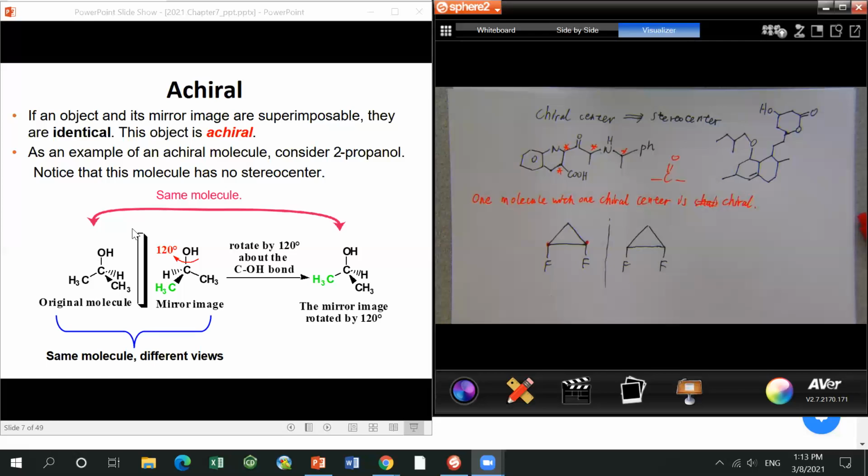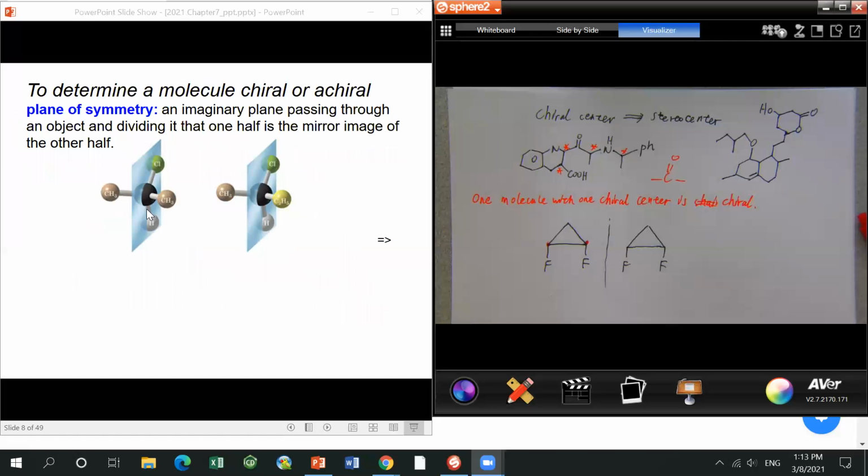Okay, now let me answer some of your questions. How do we determine whether a molecule is chiral or achiral? There are a couple of ways to do it. The easiest way for you guys to learn is to try to find whether there is any symmetry plane cutting through the molecule that makes one half a mirror image of the other half.